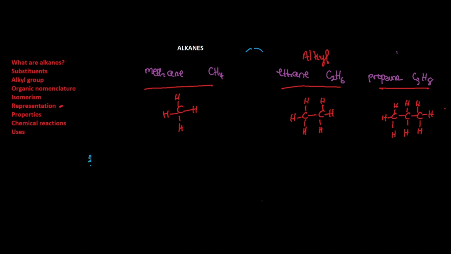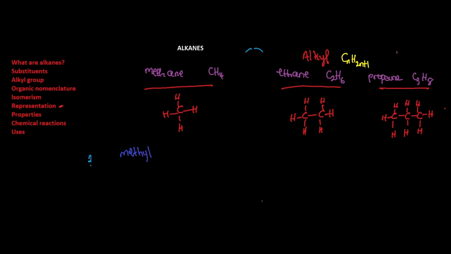Now, earlier we said that the general molecular formula for the alkyl, even though the alkyl actually exists as radical rather than molecules, is CnH2n+1. Simply put, it has one less hydrogen than its corresponding alkane.